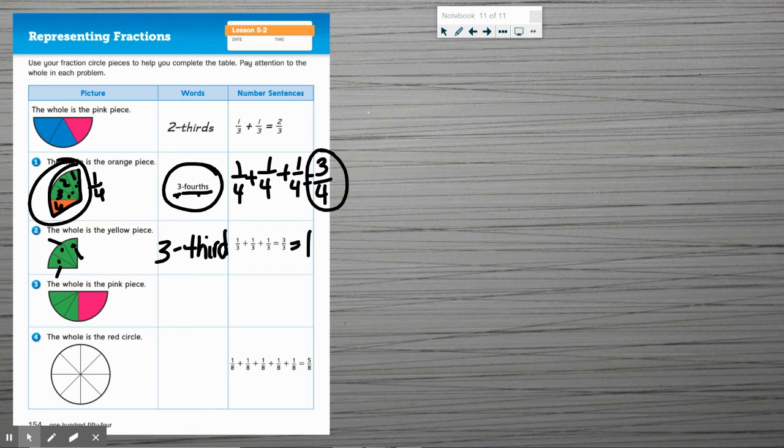All right, number 3 gets a little bit trickier. The pink piece is the whole. I have 1, 2, 3. Some of you might say this is 4 pieces, but this is wrong. Remember, fractions always have to have equal pieces.